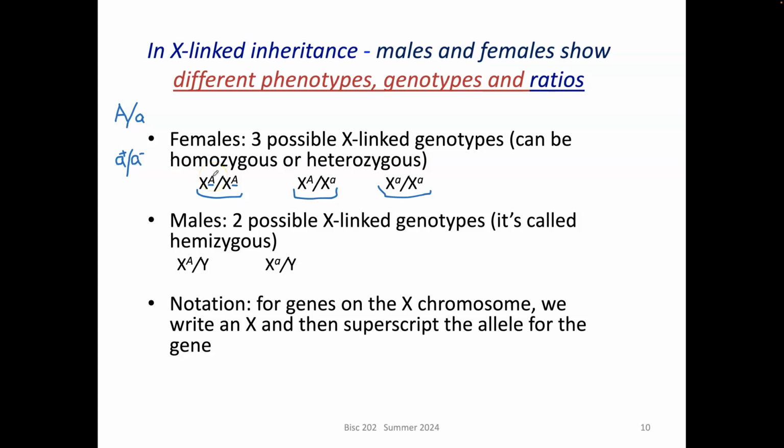There are, of course, hundreds, thousands probably of other genes, but we're just following one gene in a particular cross. Now, males have two possible genotypes. They can either have a dominant or a recessive allele. Their other chromosome is a Y, and the Y chromosome doesn't have any of the corresponding genes on it. And so we refer to this as hemizygous.